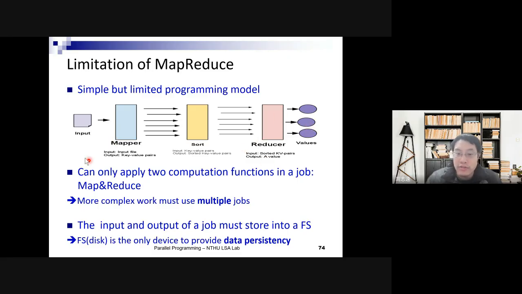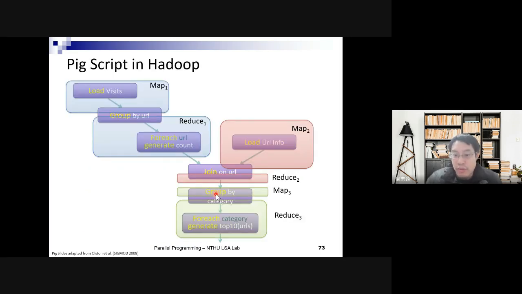So if you want to pass the output of a MapReduce job as the input for the next MapReduce job, the data has to pass through the file system, which means disk I/O, right? So it's very slow, because disk is very slow.